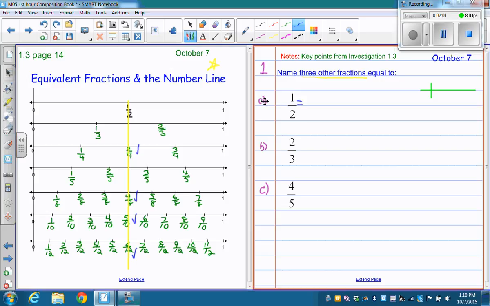So we could write them down. 1/2 is equal to 2/4. It's also equal to 4/8. 1/2 is also equal to 5/10. And it's also equal to 6/12.